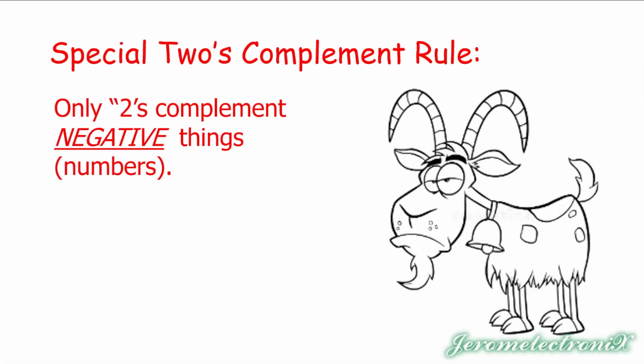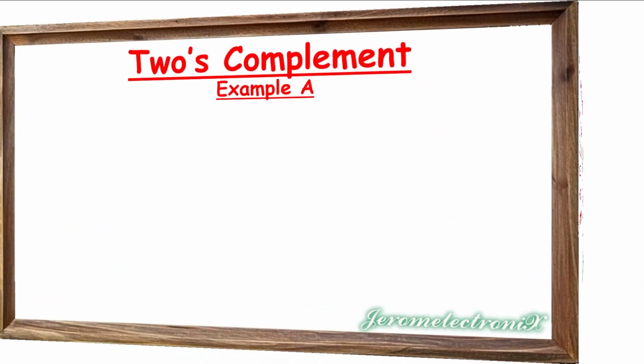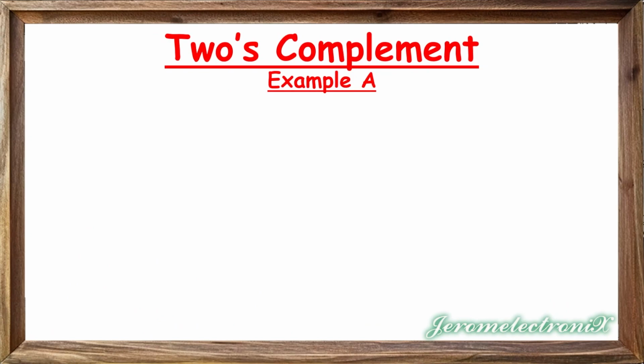Okay? So only 2's complement negative things, but remember, the negatives could be in the questions as well as in the answers. So if anything in the question is a negative number, we're going to 2's complement it. If anything in the answer is negative, we're going to 2's complement that as well. And so here's an example, okay? I'm going to start out in decimal, so you can see it actually works. 9 minus 5 should be a 4.